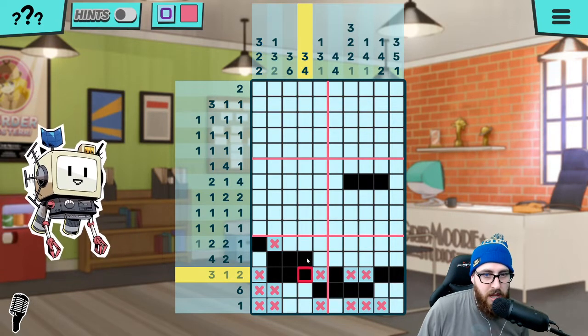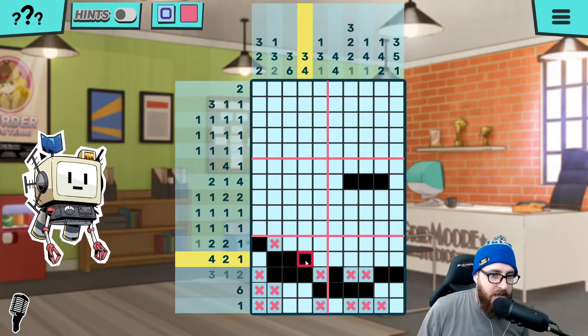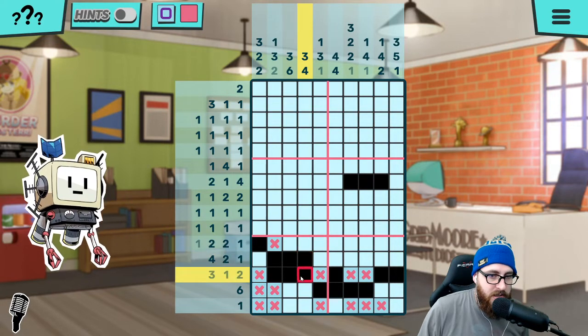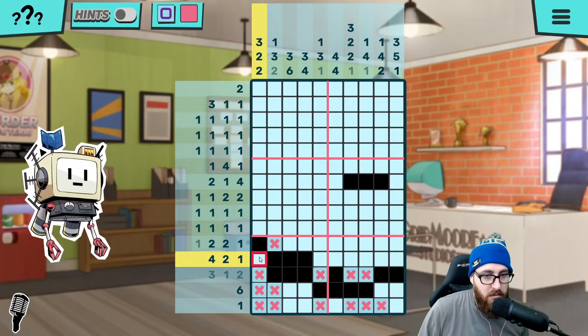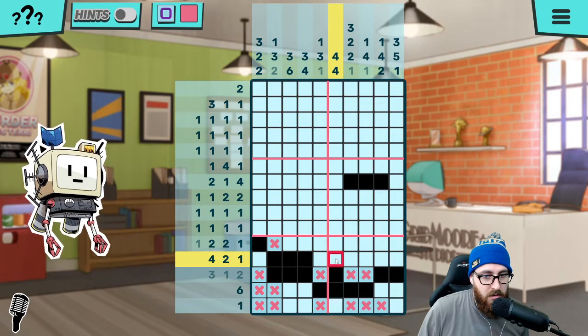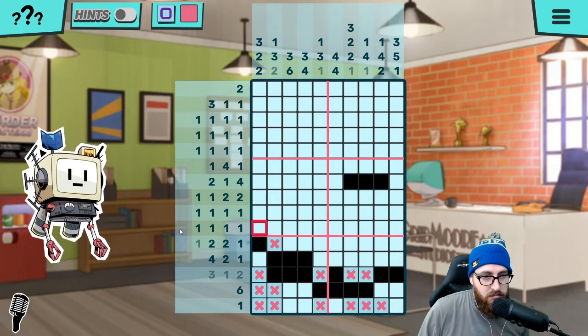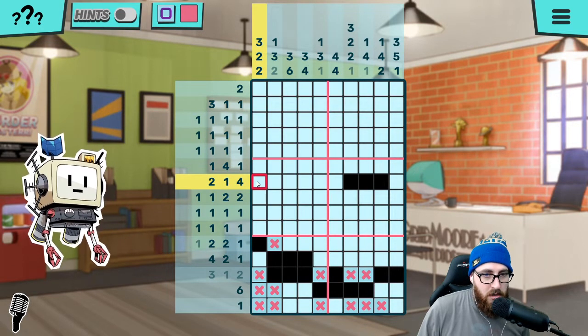So we know that 3. This connected doesn't necessarily help us with the 4. Four, 2, 1, 2, 1, 4, 1, 4.